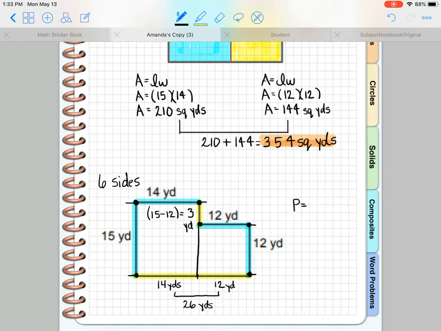It doesn't matter where you start, but I'm going to say 15 plus the top, 14, plus that little piece, 3, plus 12, plus 12, plus that big bottom one all together is 26. 1, 2, 3, 4, 5, 6 sides.